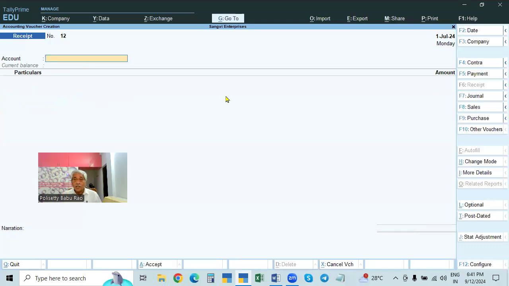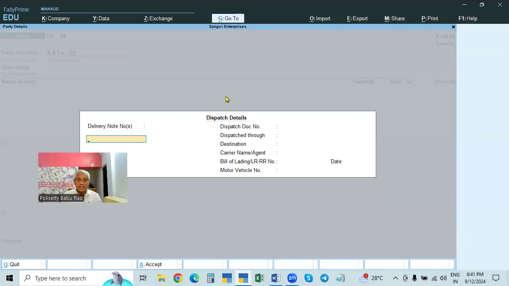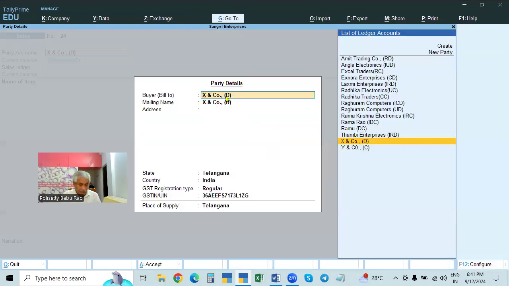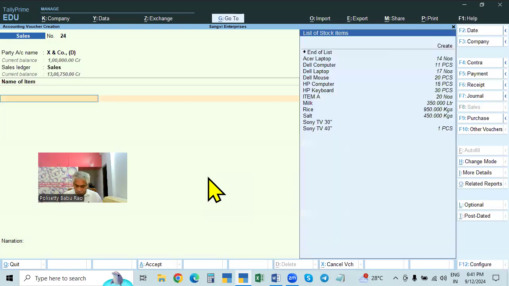So on 1st July we received an advance from our customer, and on 2nd July we are supplying goods to him. So we are selling. To whom are we selling? To X, and he is a regular customer. In the case of sales, to anybody, we have to charge the tax. So we are making sales, and what is the amount?